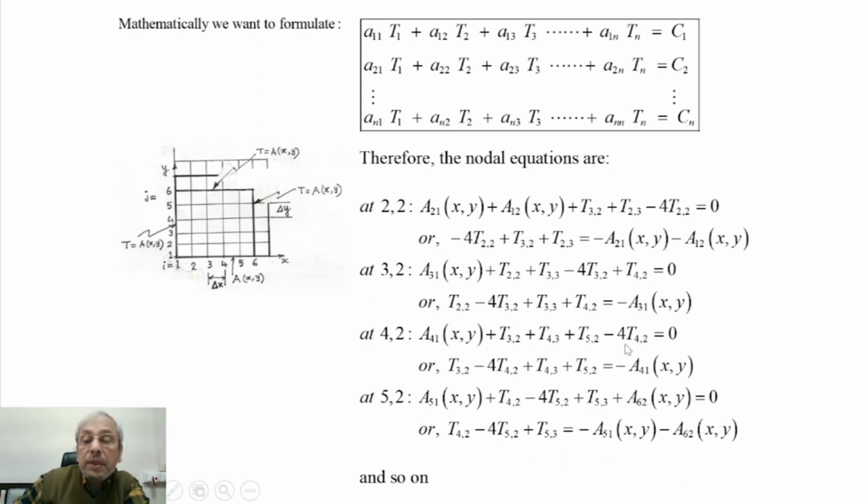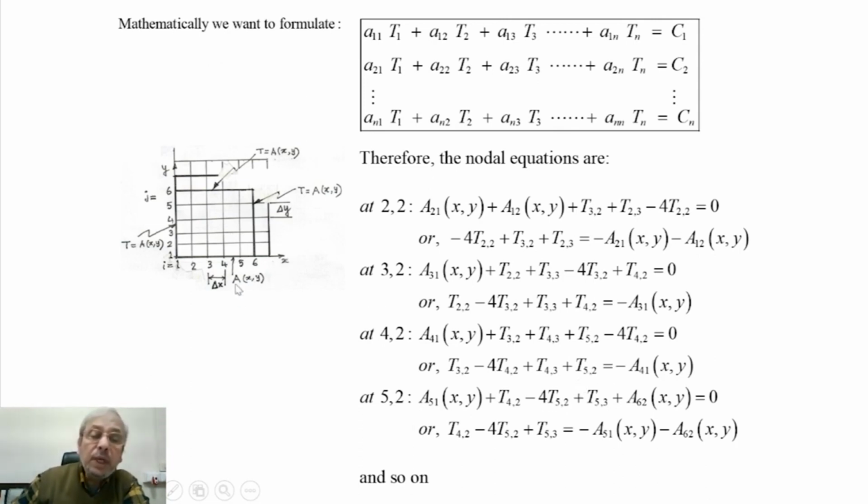So this is the equation. Again, the known term we move to the right hand side, and the unknown terms we rearrange on the left hand side with the appropriate coefficients they have.